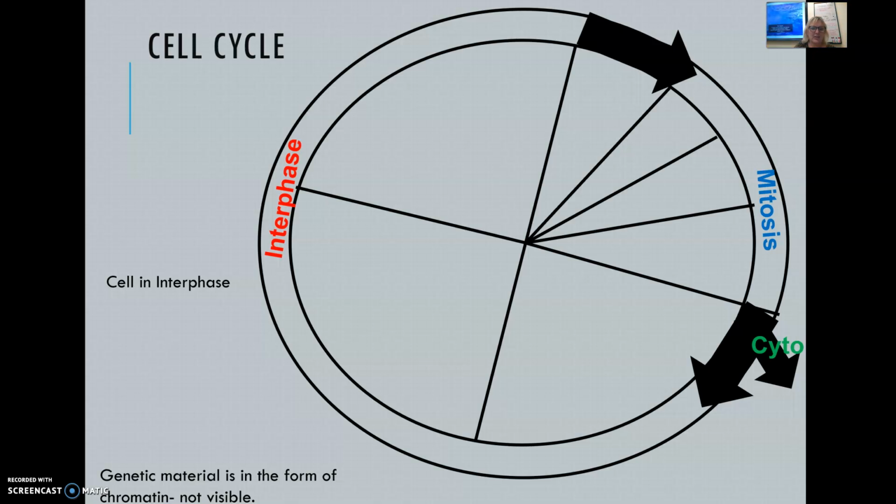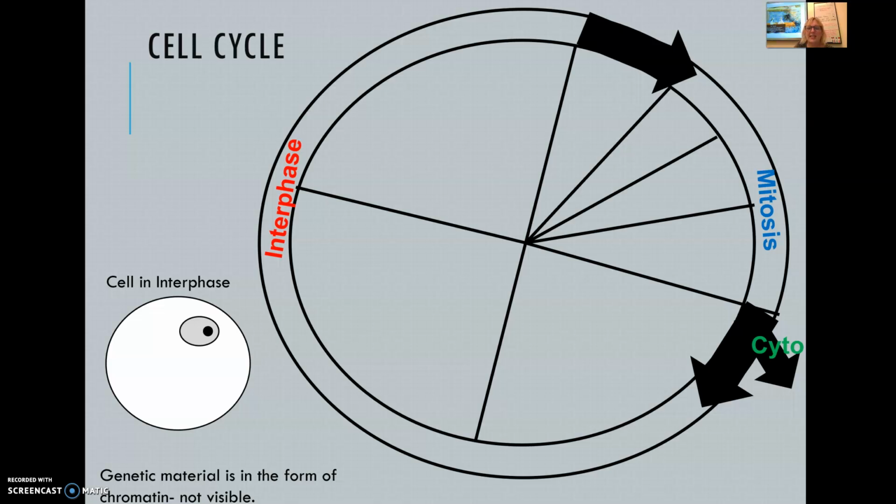And so what we're going to do in this lower left-hand corner of your page 4 in your notes is add a diagram of what this looks like. So I've already provided for you a circle, and into that circle you're going to draw another circle. And what is that? Yes, you're right, that is the nucleus. And then we're going to add another dark circle inside there, and that's the nucleolus.